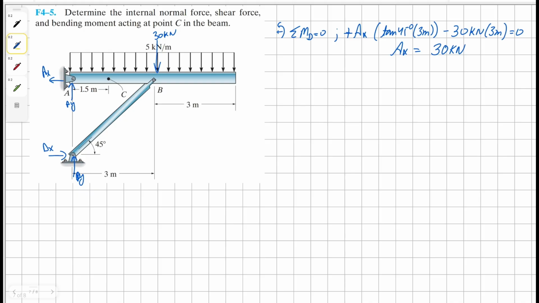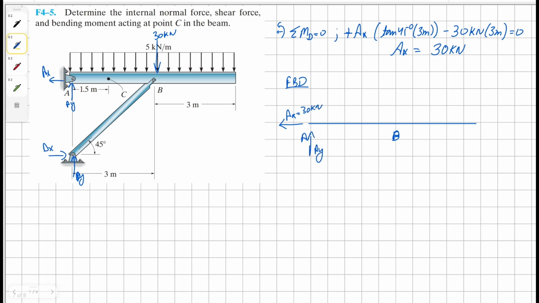Now we can find our solution for AY, and the best way is to isolate beam ABC or AB. Now let's draw its free body diagram first of all. So we're going to have our beam, point B in the middle somewhere, and then A. For A, we already have our AX, which is 30 kilonewton.